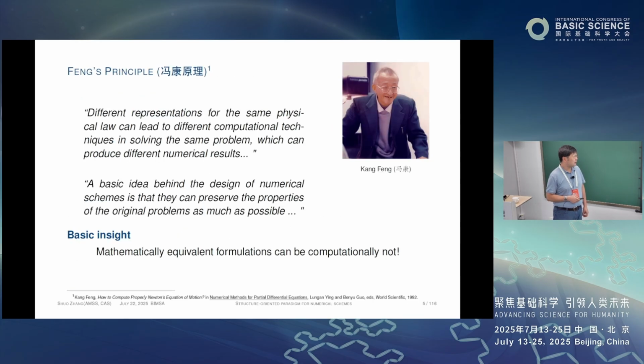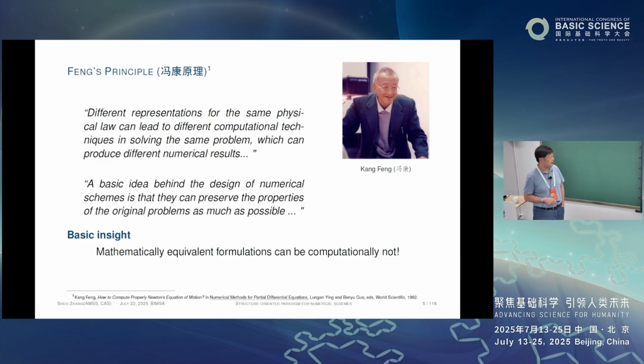So, Professor Feng Kang. Every Chinese computational mathematician knows this respected expert. He is a true expert of everything. At a very early age, Professor Feng observed this issue, and I just found his claim in this paper.